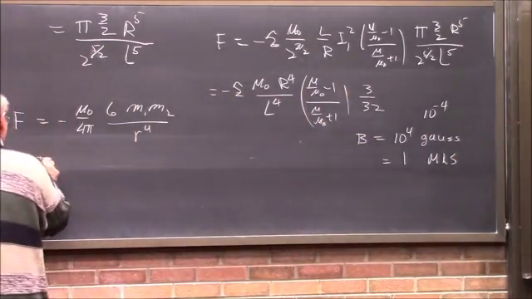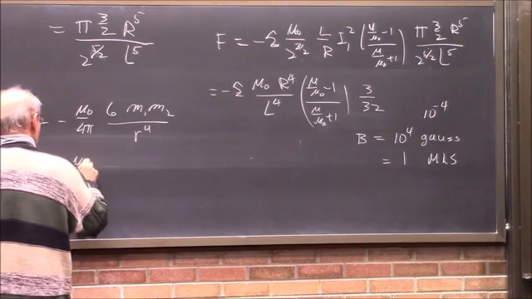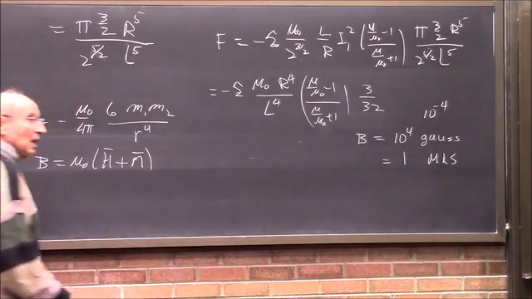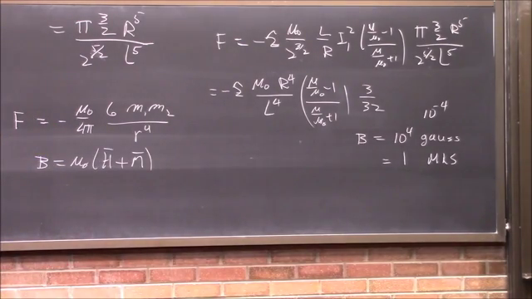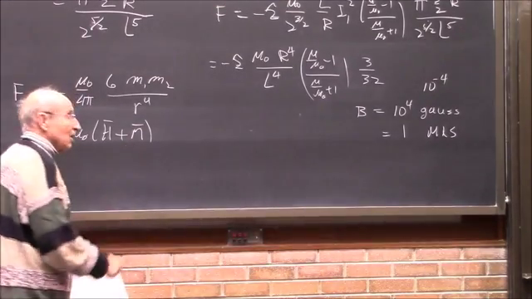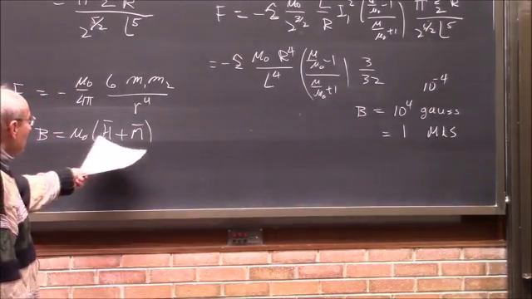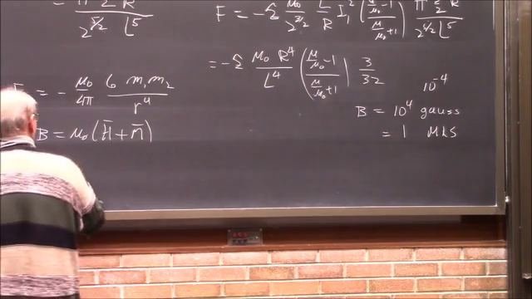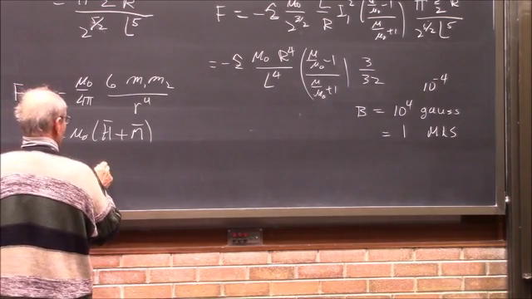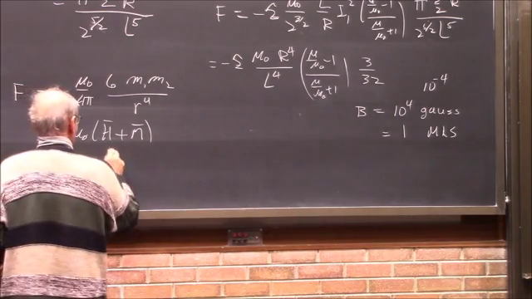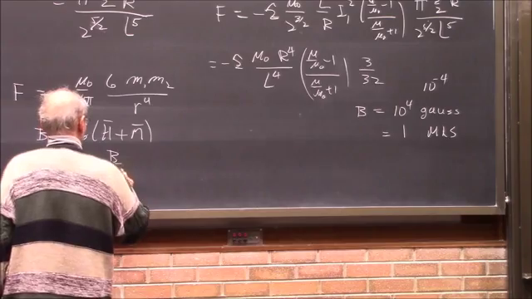Because we know that B is mu 0 times H plus M. And the main contribution to B is M. H enters into it, but the main contribution is M. So M is a little bit less than B over mu 0.